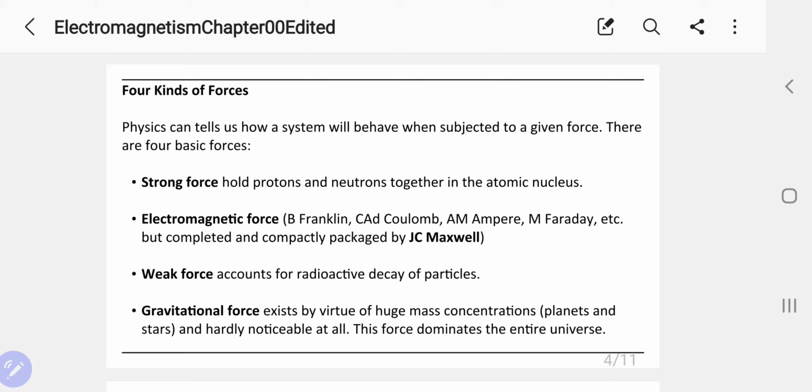Then you have the weakest force called the gravitational force. This is observable between two huge masses or concentrations of matter, like planets and stars. This is hardly noticeable, like on Earth.